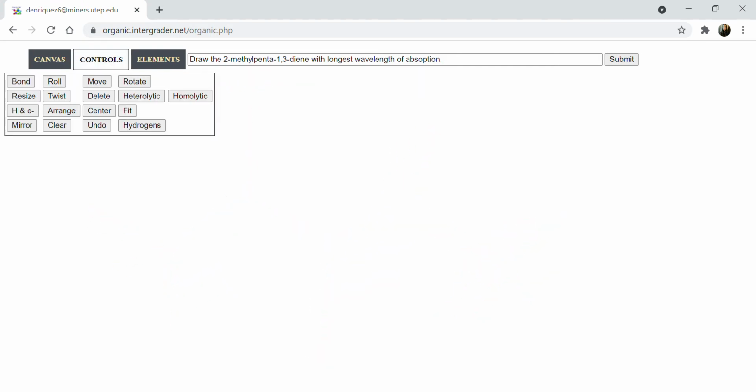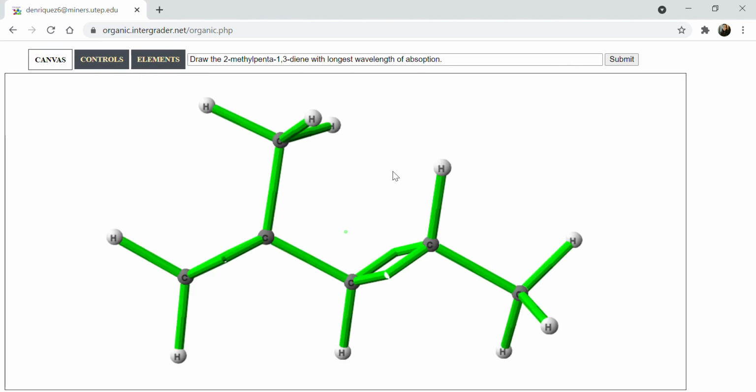So this one is pretty straightforward. It's just having you name that. But actually what I see is that this is conjugated, so this should be right, because longest wavelength means it's a long wavelength.